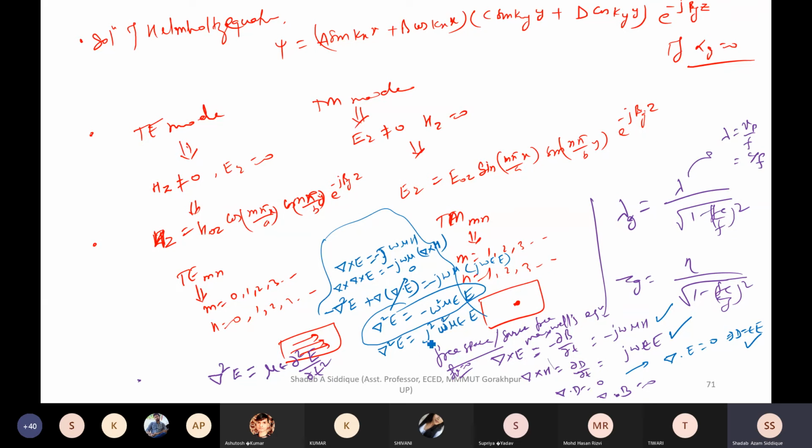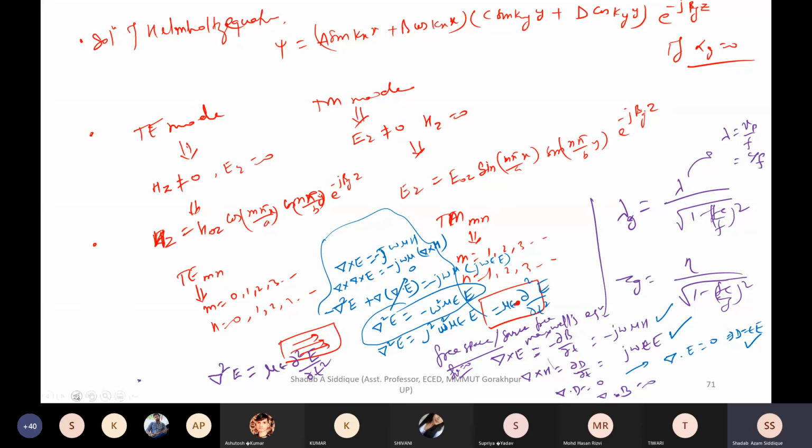Can we have j omega whole square equal to del by del t? So we can write in the time domain mu epsilon, with j omega becoming del square by del t square, into E. That is there already.